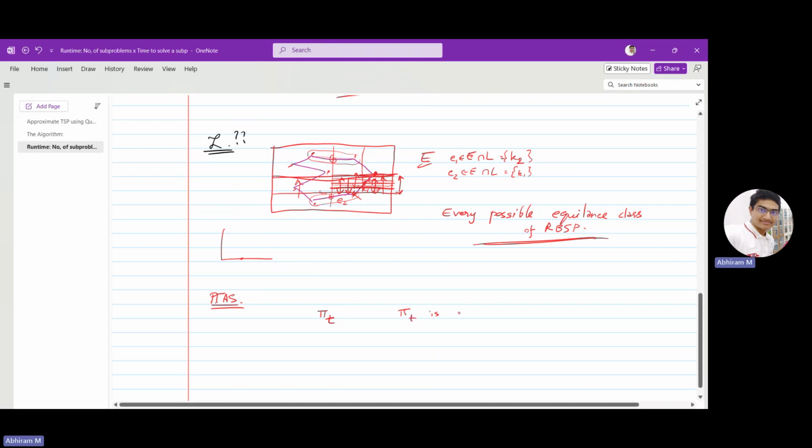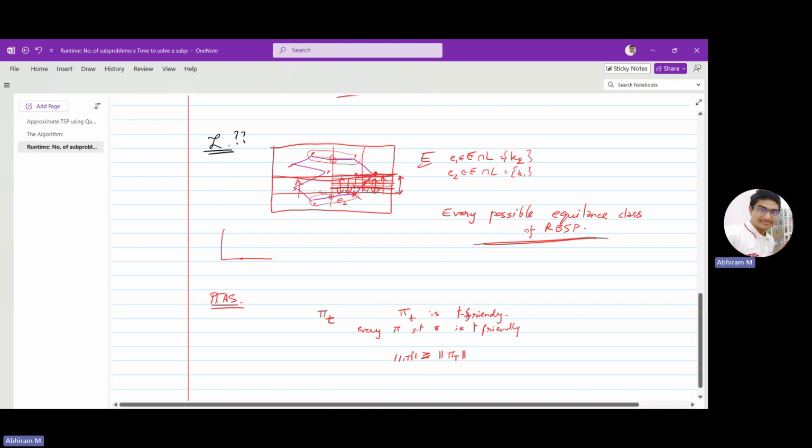Basically, what I mean by that is that Pi-t is t-friendly, and every Pi such that Pi is t-friendly satisfies mod Pi is greater than or equal to mod Pi-t. Sorry, greater than or equal. Yeah.